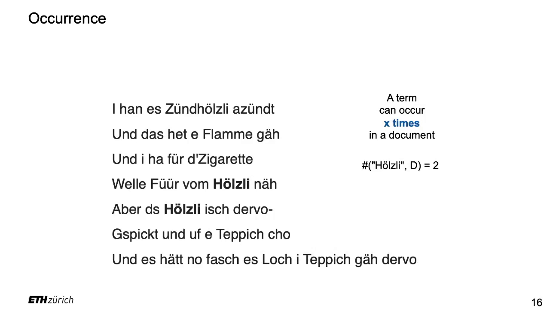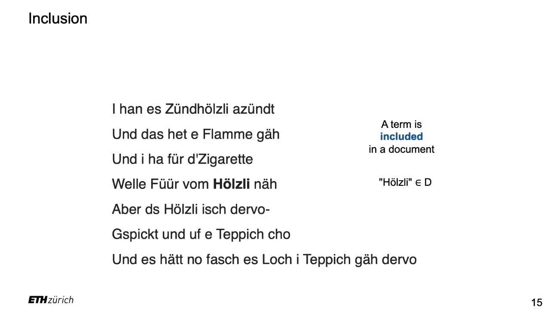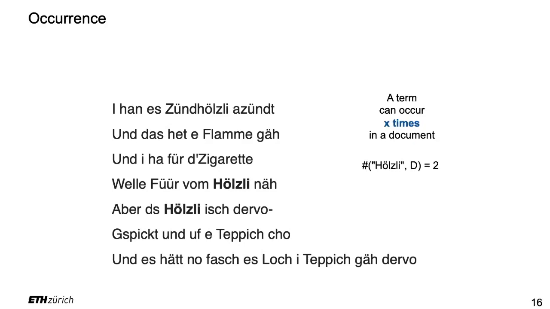But you notice that there is more information in there. Because if you look at the former slide here, this is not captured. Set membership doesn't capture any number of occurrences. So this is something more powerful. In fact, there is a name for that. We commonly call it a bag rather than a set, when you also have the number of times that a term can occur in a document.